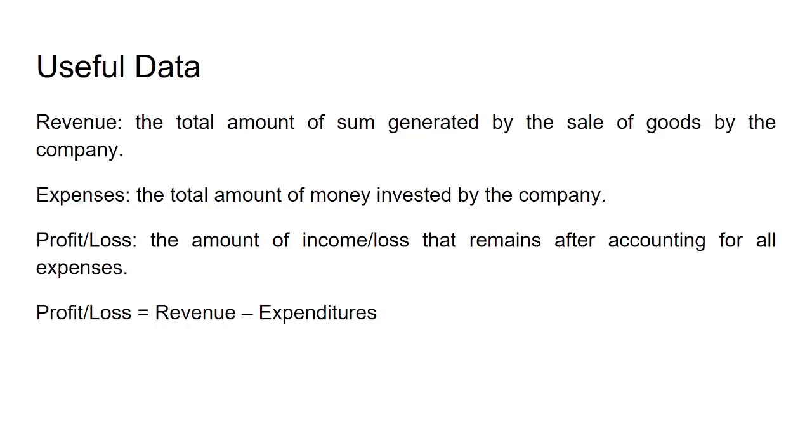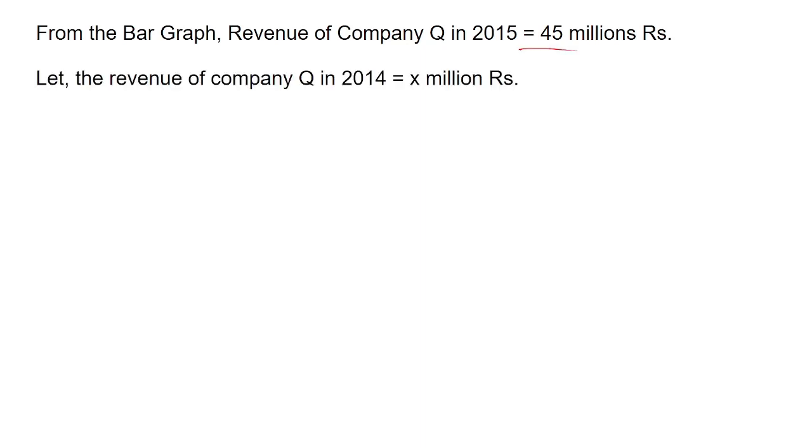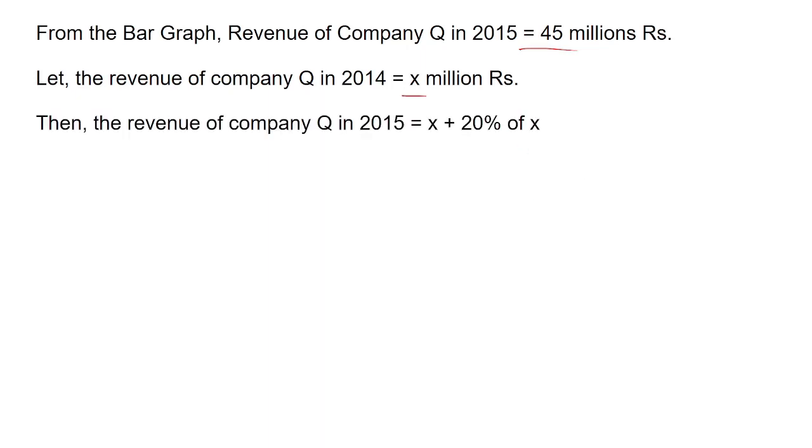Let's solve this problem. It is given in the bar graph that revenue of company Q in 2015 is equal to 45 million rupees. So note this point. Now assume that the revenue of company Q in 2014 is equal to X million rupees. It is mentioned in the question that in 2015, revenue of the company is increased by 20% from revenue of company Q in 2014.